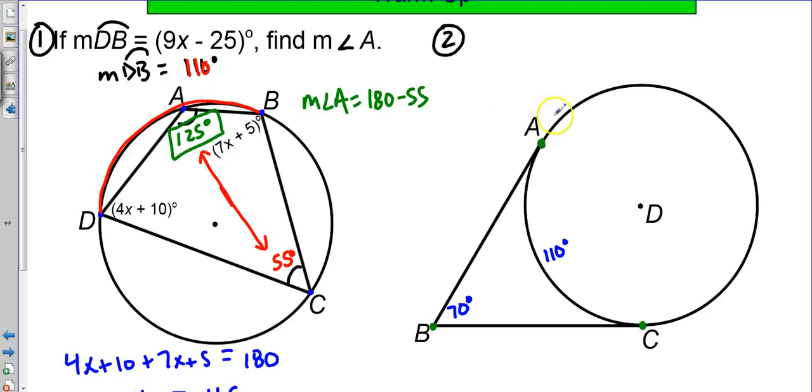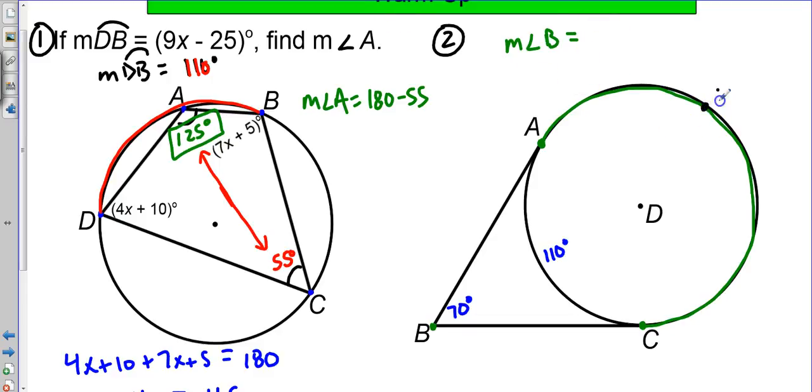which means the measure of the angle, in this case the measure of angle B, is going to be equal to the larger arc, so that's this guy, minus the smaller arc. I'm going to throw another point on here.